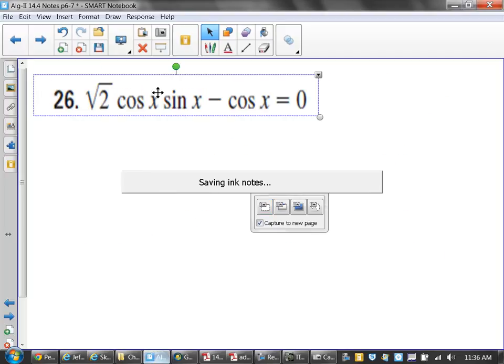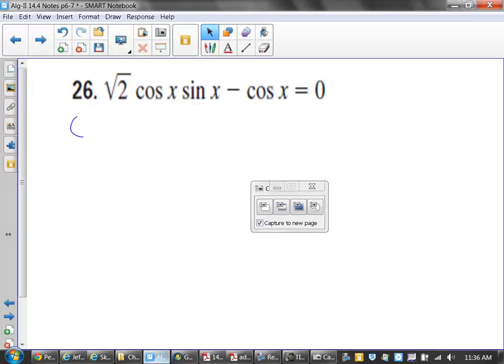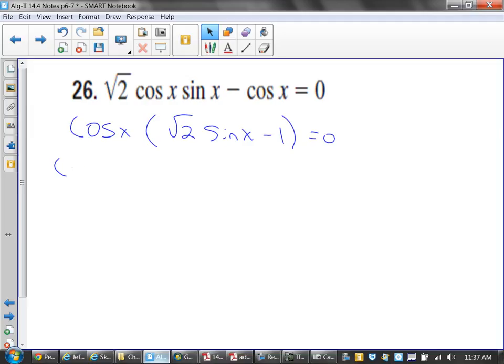So right off the bat, when you factor out cosine, you have cosine of x times root 2 sine of x minus 1 is 0. So cosine of x is 0, and sine of x is 1 over root 2. Everybody okay with me just shortcutting it to that? We just did cosine of x equaling 0.